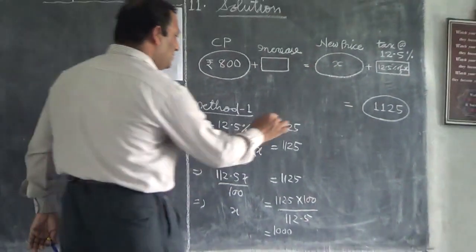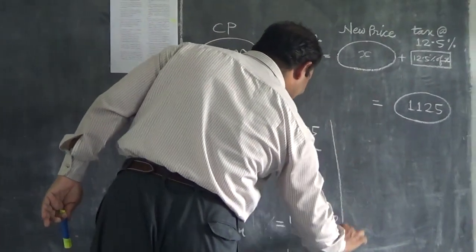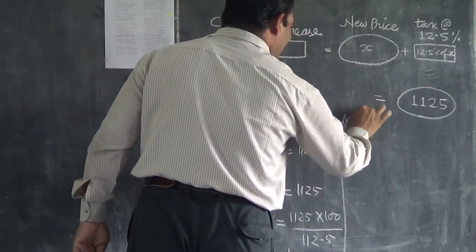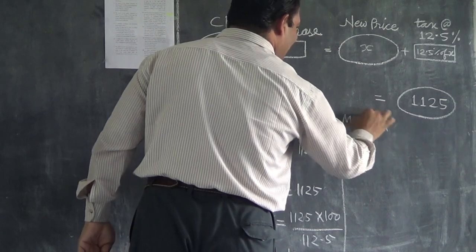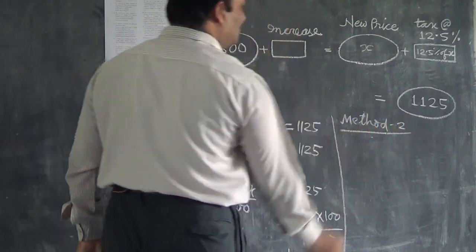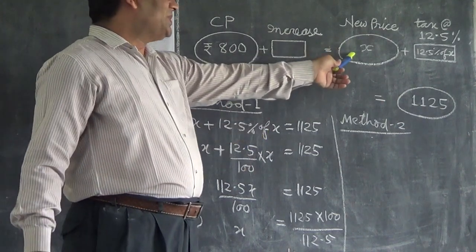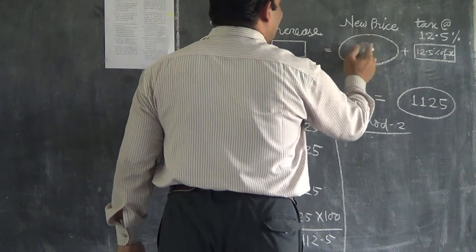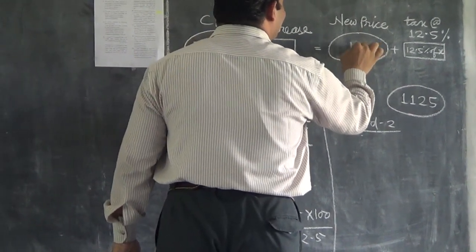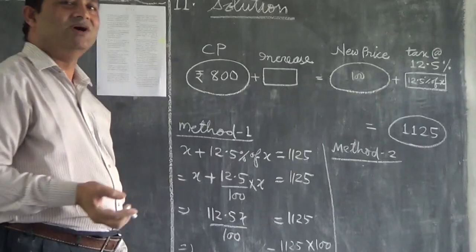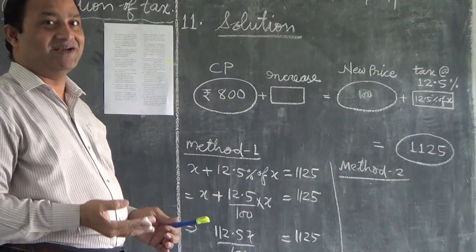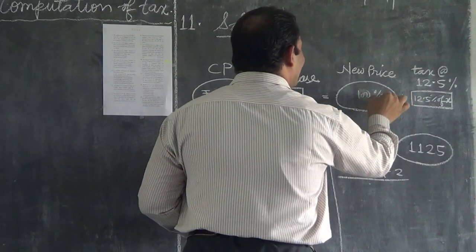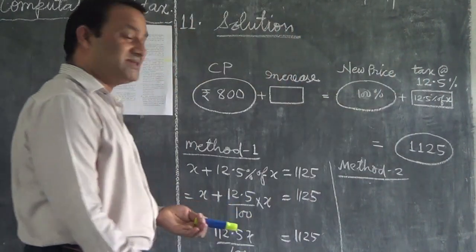In case you don't like to do it by the algebra method, you can do it by another method, that is the unitary method. Method 2. New price plus tax: I am writing here, this is 100%, and this is again 12.5%.